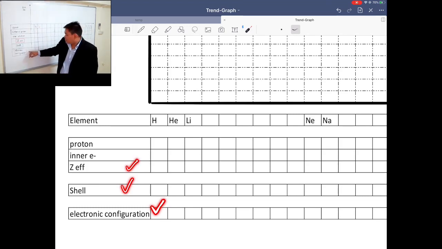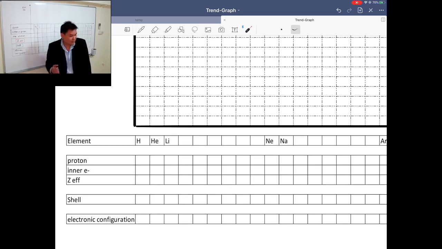Some of the electronic configurations of these elements are stable, so in that case it's going to be more difficult for you to remove the electron. Then the first IE also will be higher. So we can start now.